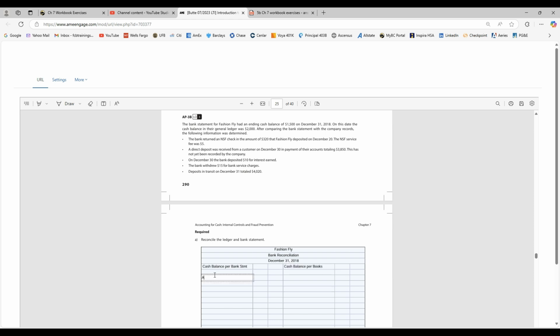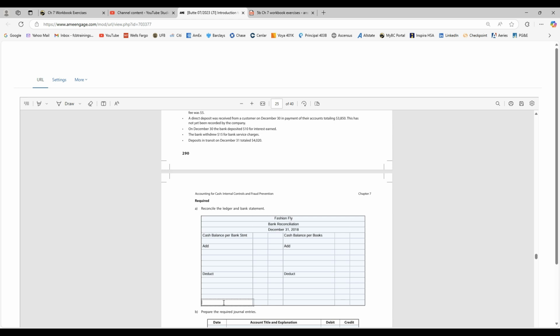Let's have our additions, we'll put in a deduct. Just setting this up so we can pop in all the components as we analyze. And let's put adjusted bank balance here and adjusted book balance on the book side.